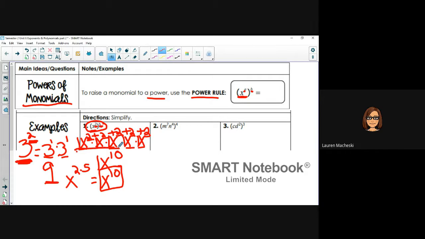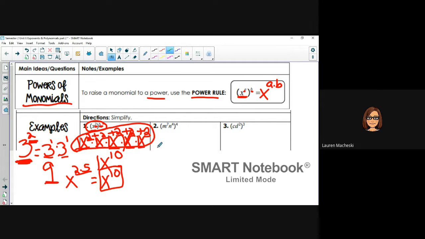If you'd like to write it out like this so you know exactly what that means, you can. Or you can remember the rule is I just multiply the exponents. It gets a little bit harder when you have more than one variable and coefficients in front of your variable, so we do need to be a little bit cautious there when we get to those harder ones.